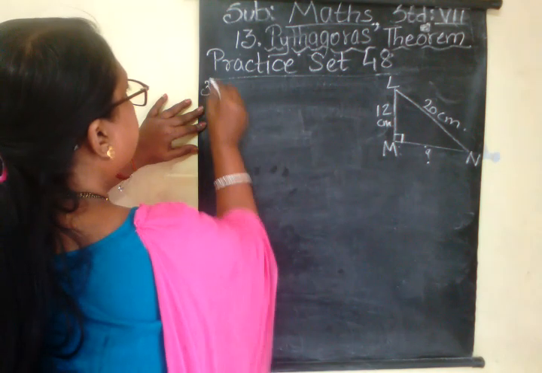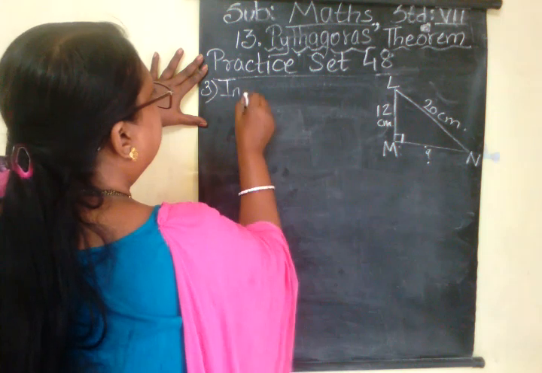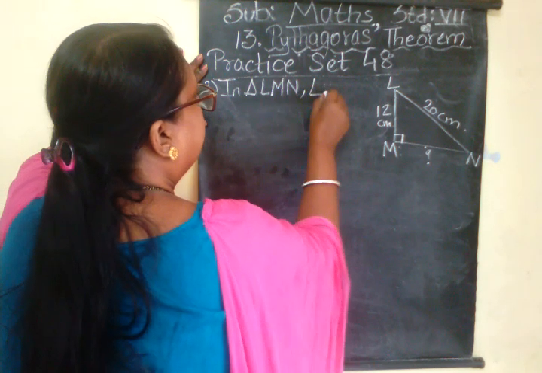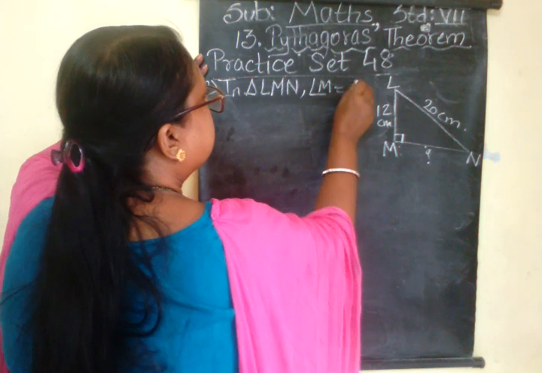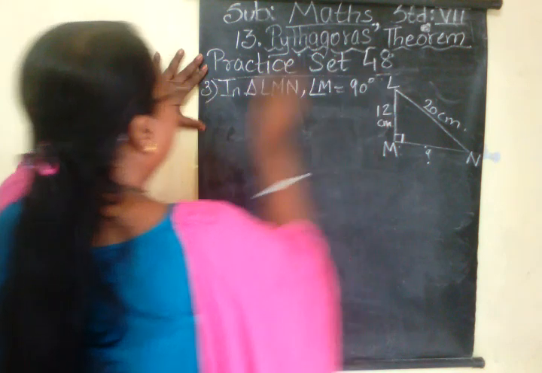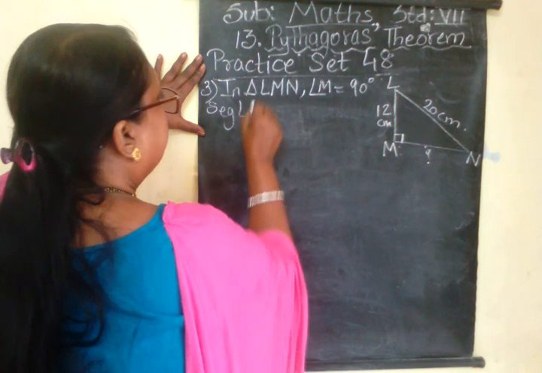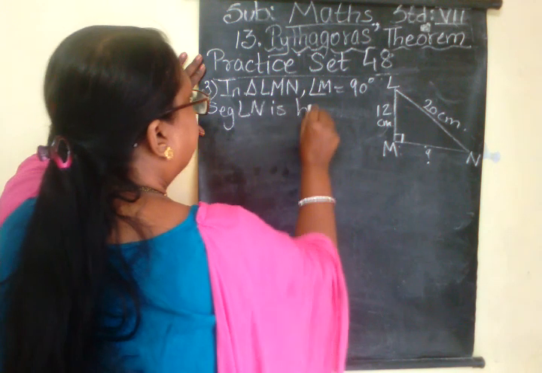So as per the question given, we'll write in triangle LMN, angle M equals 90 degrees, segment LN is hypotenuse.